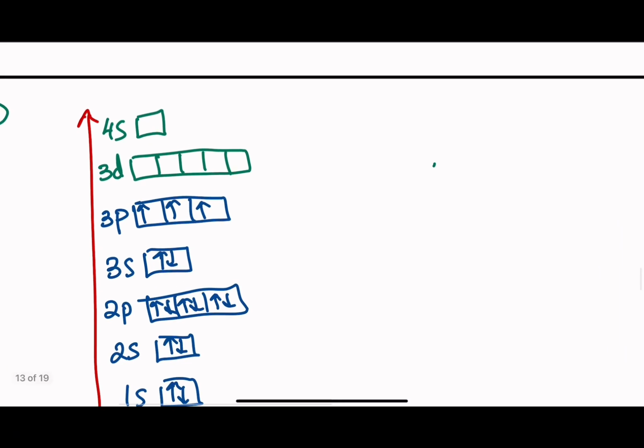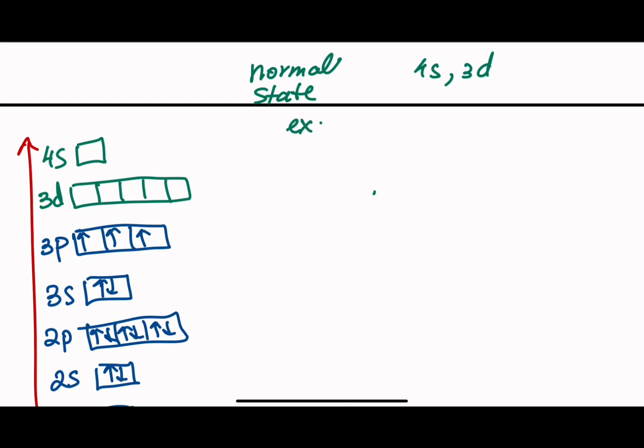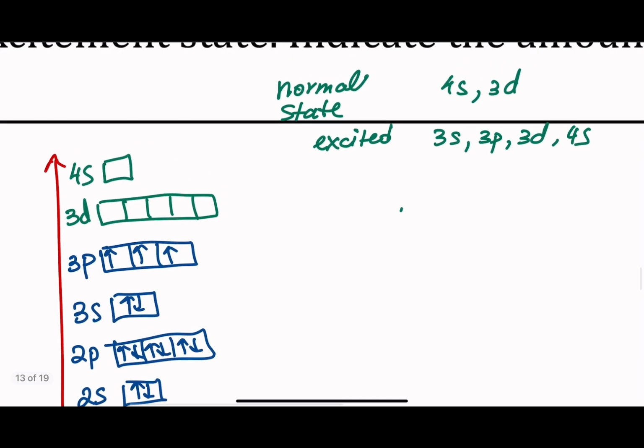Now in the normal state, we would fill the 4s and then the 3d. That's a normal state, meaning minimum energy is provided. But in the excited state, you do 3s, 3p, 3d, and then 4s. For the normal state, I'm just going to write 3s, 3p, and then 4s.